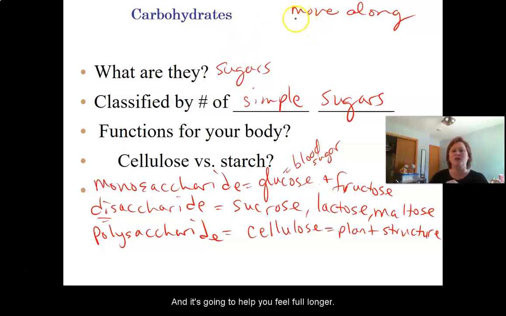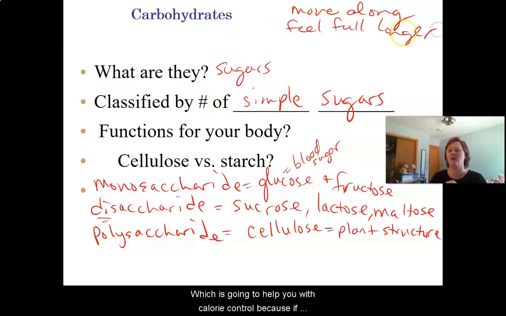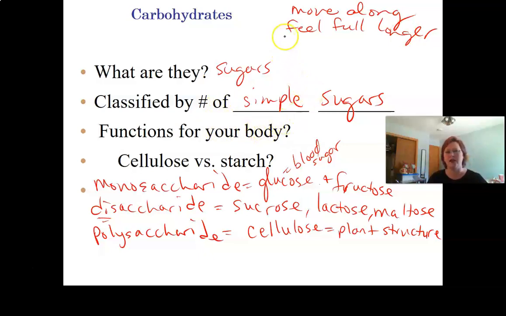And it's going to help you feel full longer, which is going to help you with calorie control, because if I'm full longer, then I don't need to eat as often to keep myself from getting hungry. And then that means I'm not going to intake as many calories. And it slows glucose absorption.